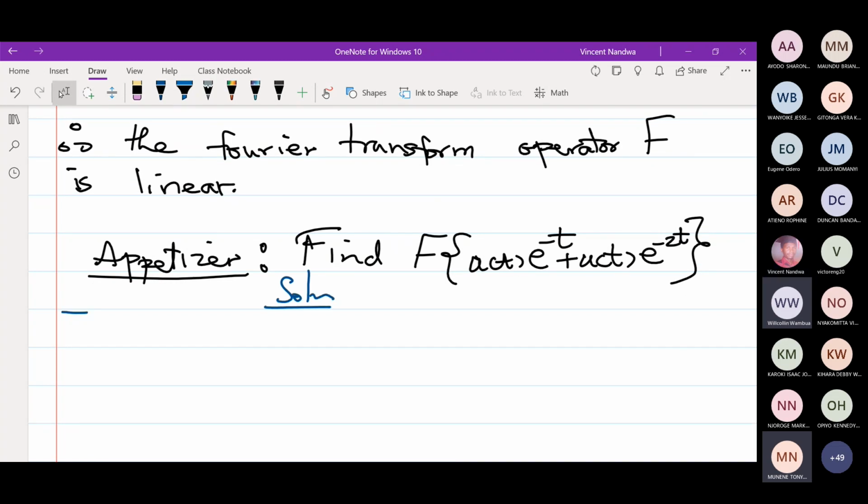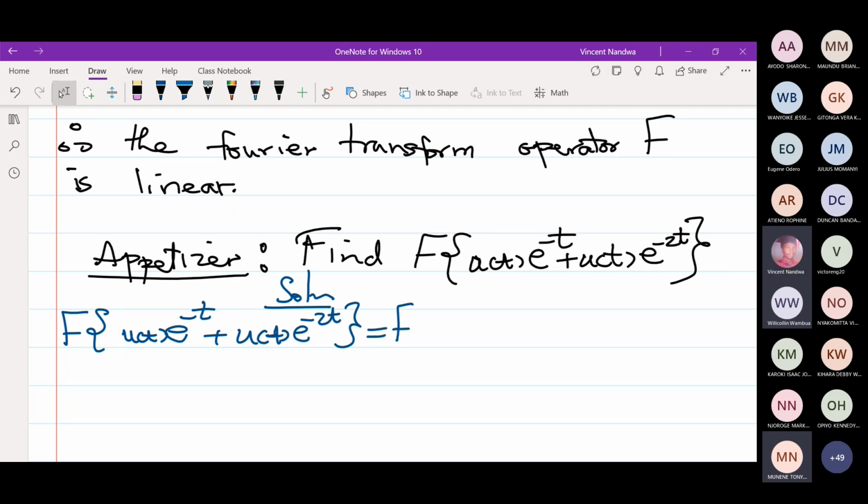We'll say the Fourier transform of u of t, remember u is the unit step function, e raised to power minus t plus u of t e raised to power minus 2t is the same as the Fourier transform of u of t e raised to power minus t plus the Fourier transform of u of t e raised to power minus 2t, by definition of the first linearity property of the operator F.